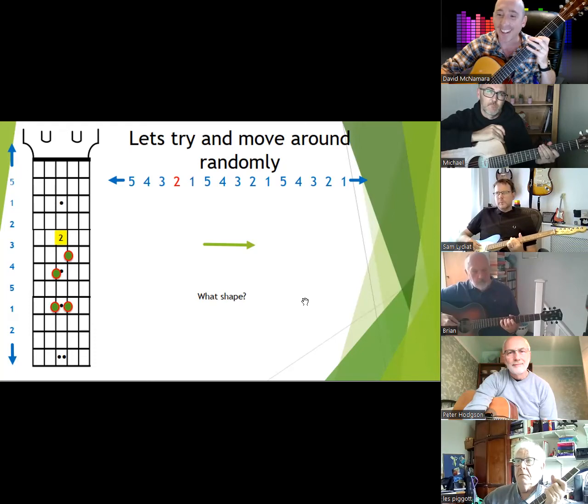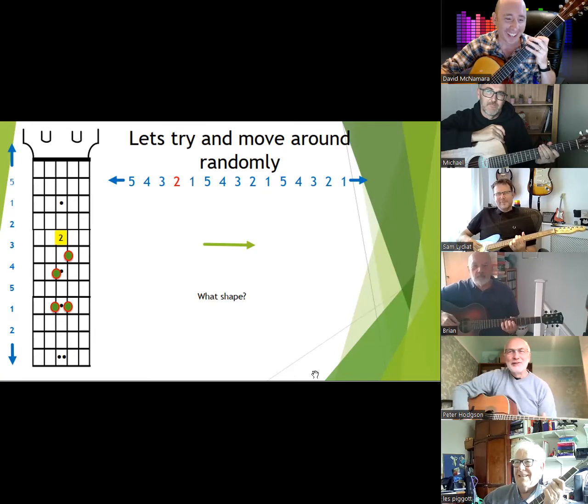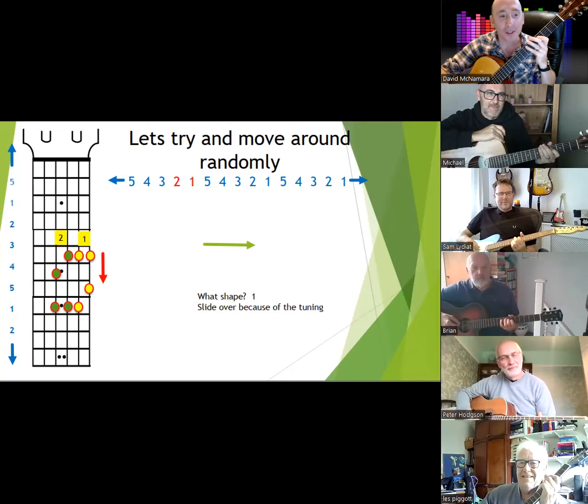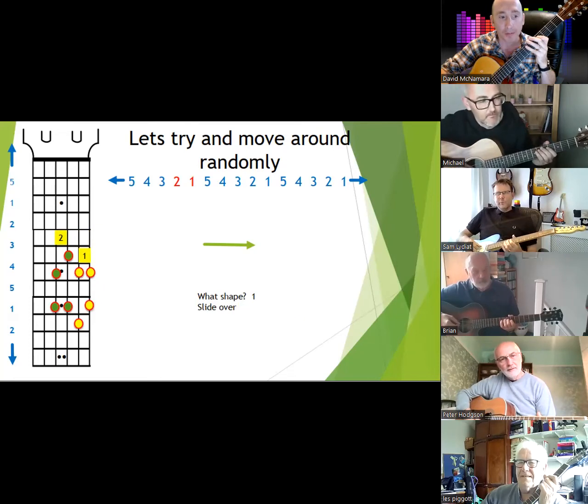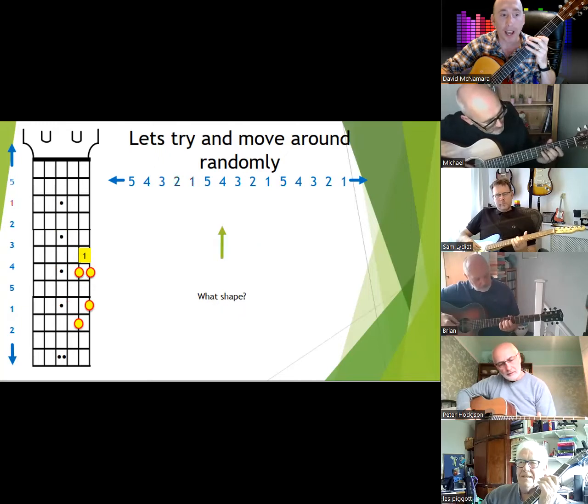It will, yeah. I'll come to you next, Peter. That's exactly the answer I was going to give. So we're moving downwards that way, so it's going to be 1. But remember the rule with the arrow. You've got to shift it up, so it'd be there. So at the moment, we're on our 1st shape again, but on the 7th fret.